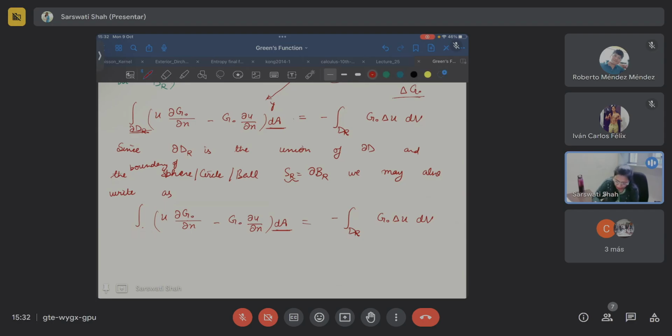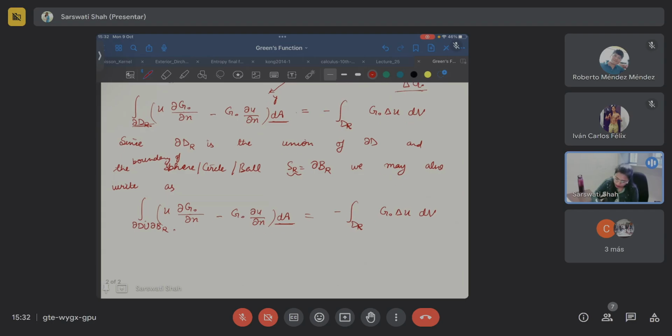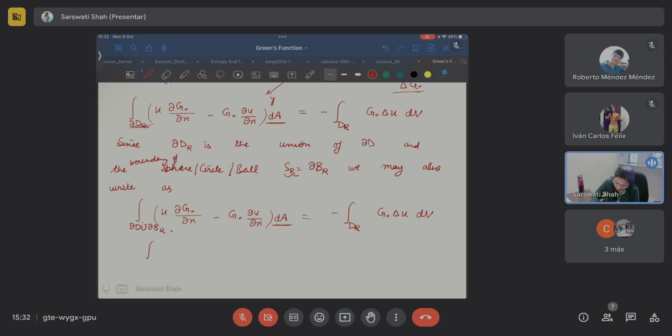Now this ∂D_R is basically the union of ∂D and ∂B_R, so it can be written as ∂D. It is the union, so the union can be broken up and written as a summation.